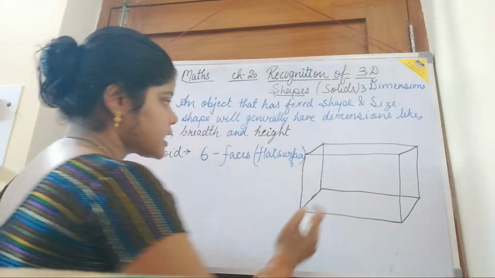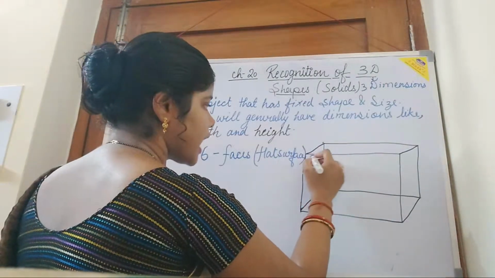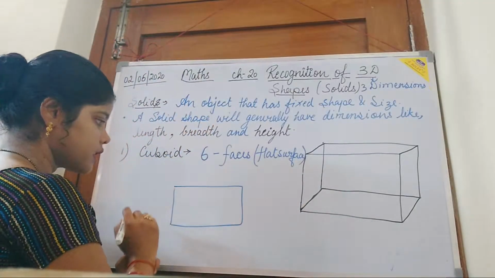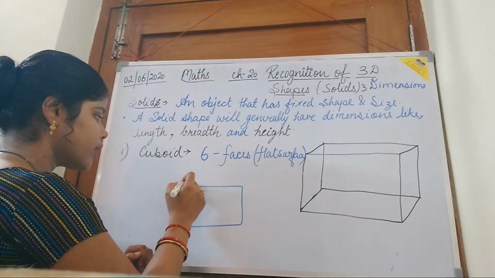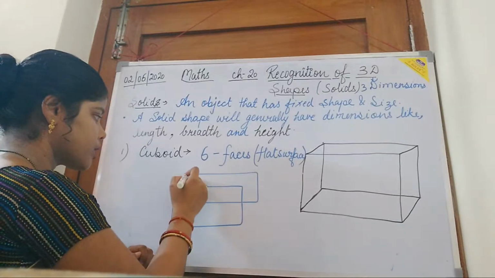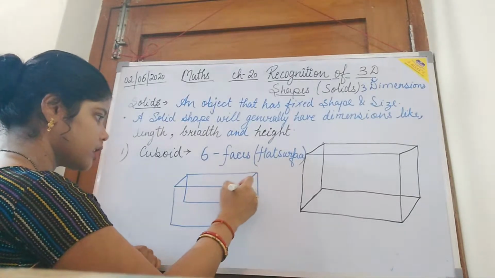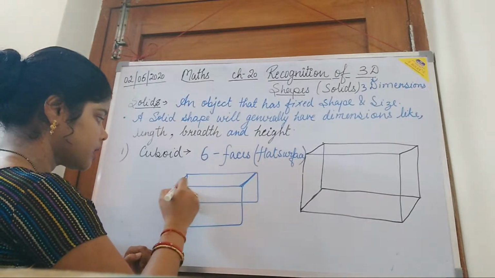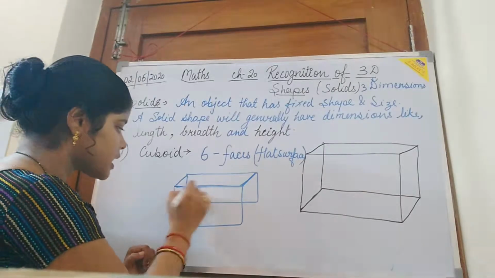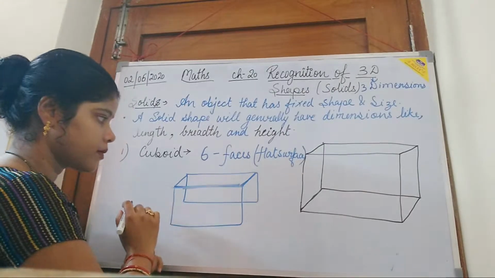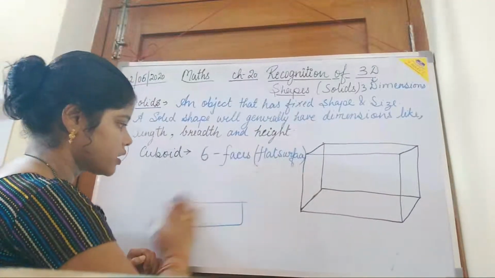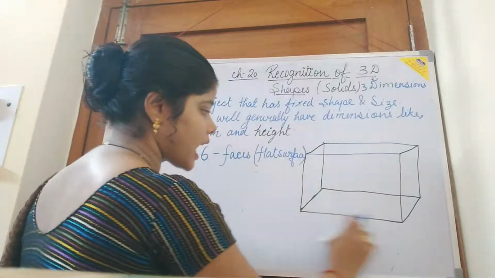If we draw one face and then add one more face here, when we link these faces together, this face interlinks with the upper face. This line segment forms an edge.